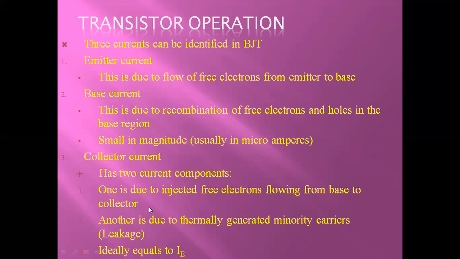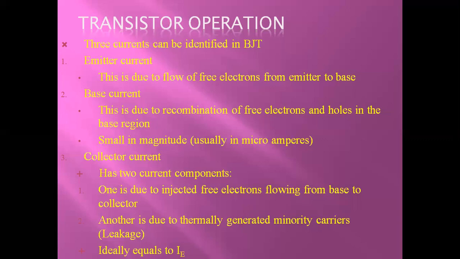Moving to the collector current, it has two components: one is due to the free electrons flowing from the base to the collector, and the other is thermally generated minority carriers. The electrons bypass the base, because a large amount of emitter charge carriers enter the base, which is thin and lightly doped. Some electrons combine with the holes, and some drift and enter the collector region.